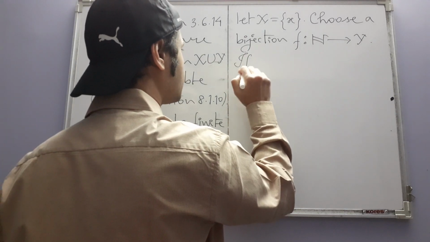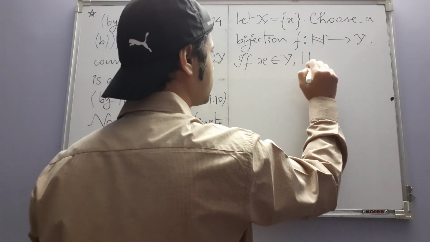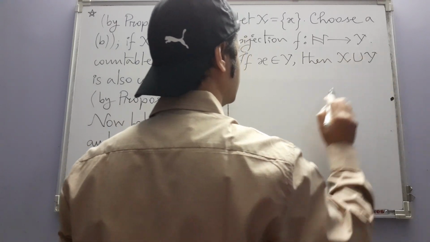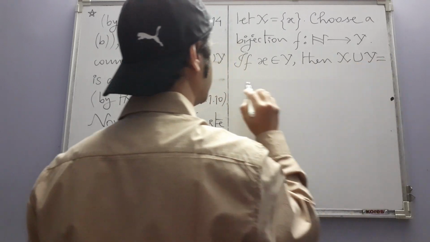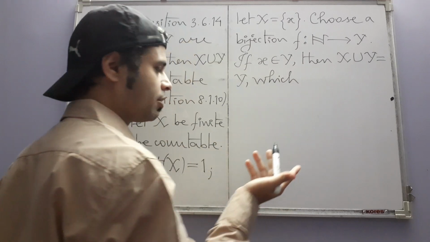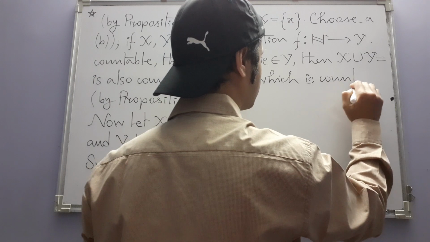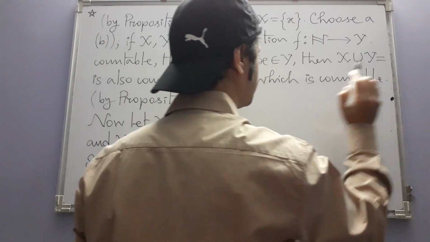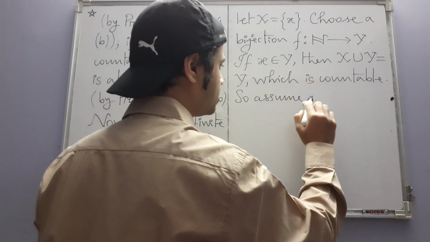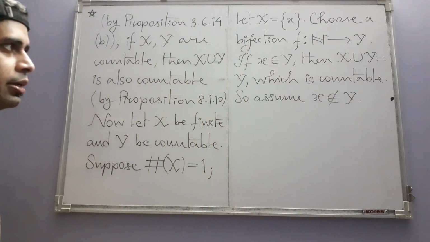If x belongs to y, then x union y is just y, which is countable. So in that case we need not do anything else. So assume that x does not belong to y.